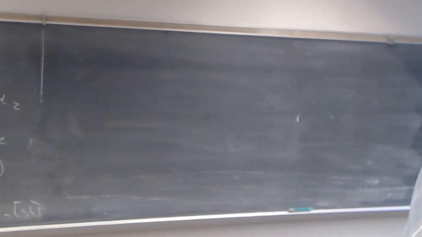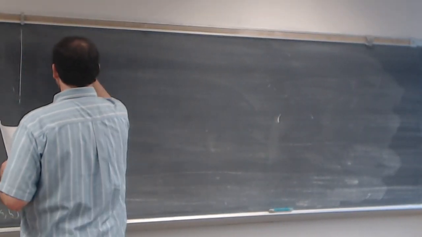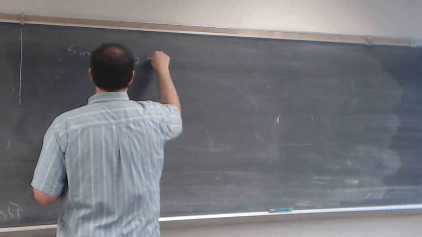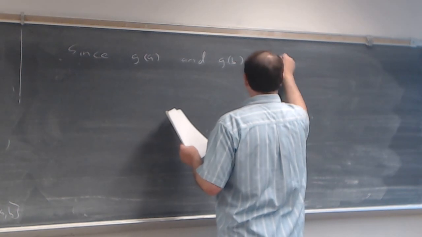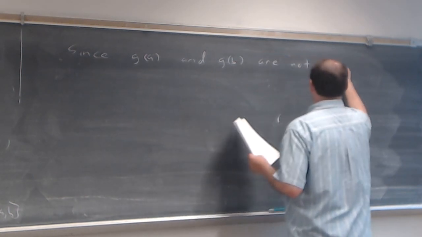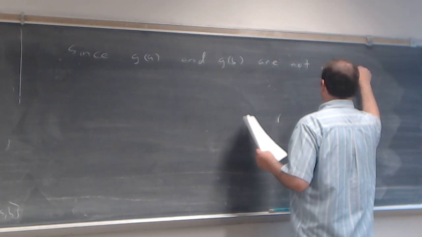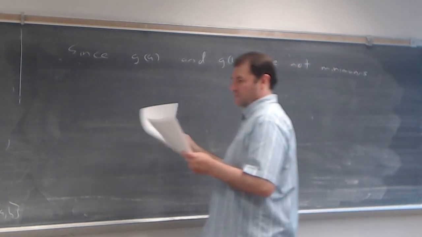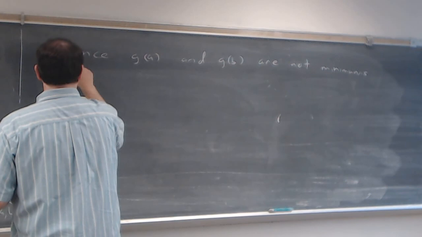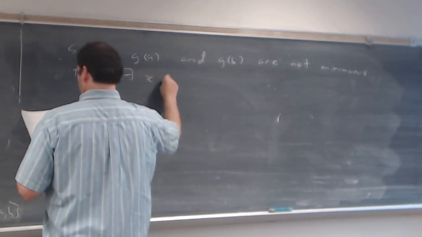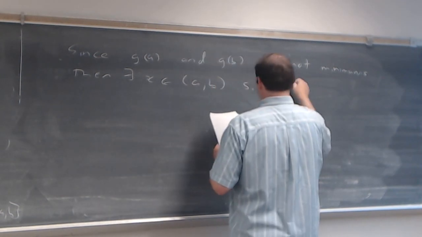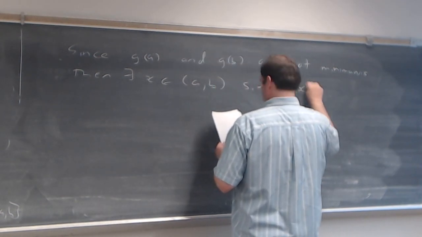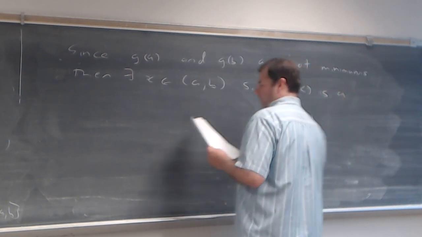Now, our previous work, what it's shown with those g of t sub 1 and g of t sub 2, it shows that g of a and g of b are not minimums. And so since they're not, there exists an x in the open interval from a to b such that g of x is a minimum.